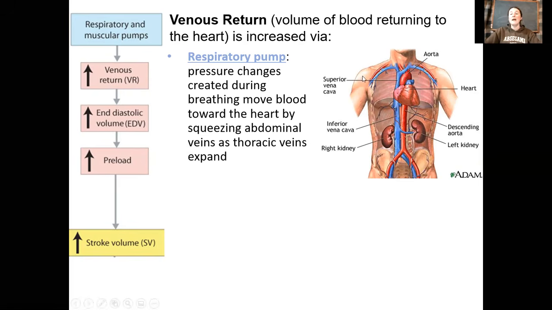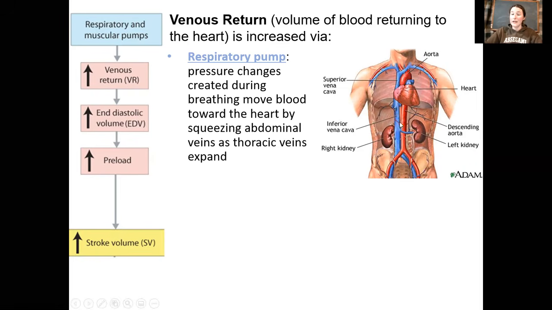Okay, every time your lungs expand, right, your diaphragm and your lungs are going to expand way down here, and that is going to put pressure on the IVC. Okay, if there's so much pressure from taking a big deep breath and inhaling, right, which of course you're doing all the time, the pressure exceeds the super low pressure of the blood in the IVC.